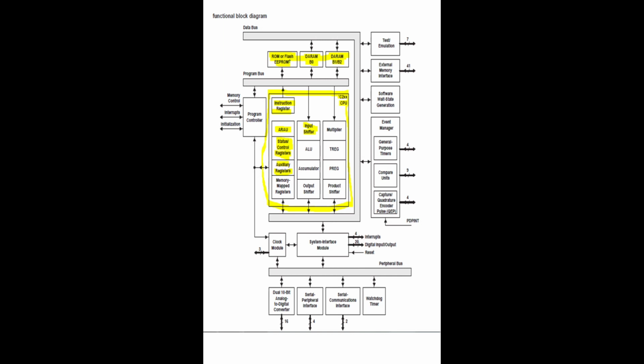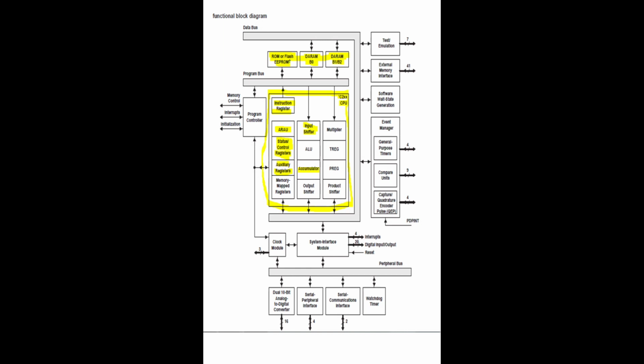Then next one, ALU. We are all aware of this ALU; arithmetic and logic operations can be done with the ALU. Then accumulator. The accumulator is used for loading one of the values for manipulations. Here we are using a 32-bit accumulator.